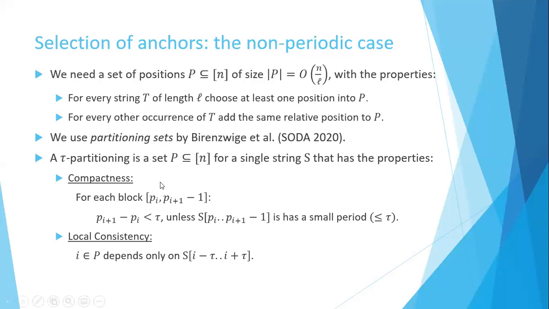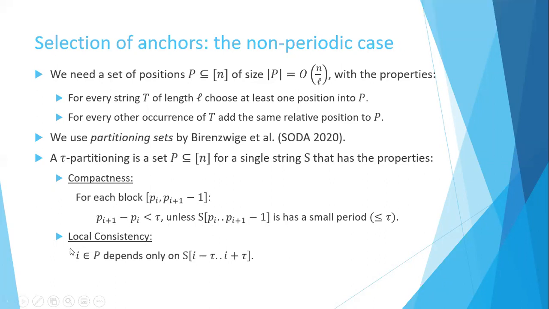So a tau partitioning set for a single string S has the property that it's quite compact, meaning that it will choose indices not so far from each other, at most tau, unless the string in this block is quite periodic.